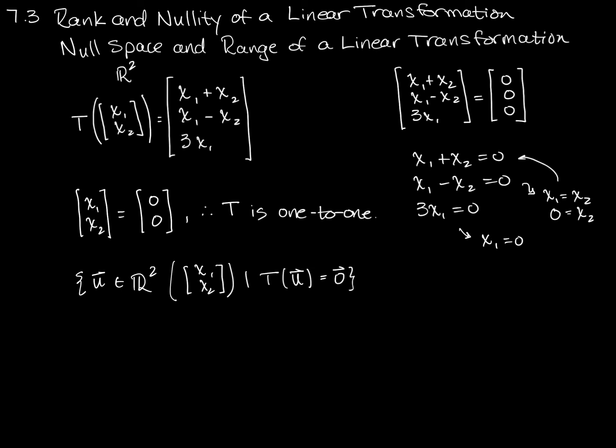That set, this collection of things right here, we call the null space of T. So if the null space of T is equal to only the zero vector, this is a set, right? If the only thing in there is the zero vector, then we say that T is one-to-one.